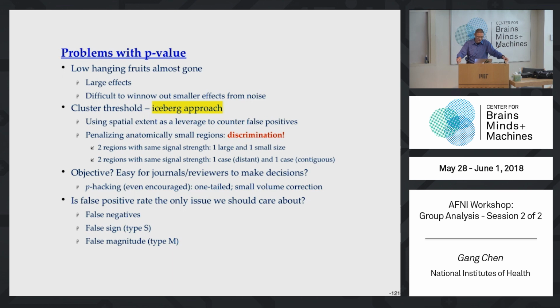Another problem is that they focus on the spatial part, and it cuts things off artificially. Let me put it this way: the null hypothesis itself is a straw man. In reality, nobody cares about the so-called zero activity. In reality, we already know that pretty much all regions of the whole brain are activated to some extent.